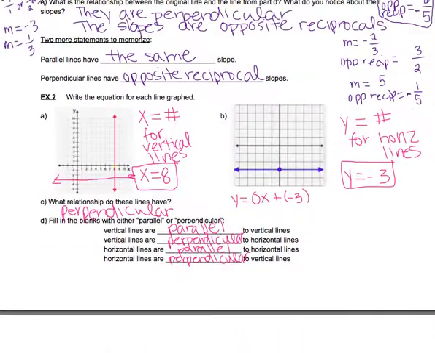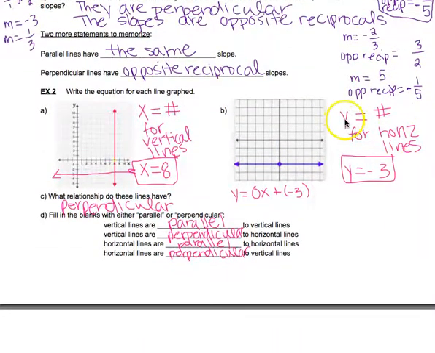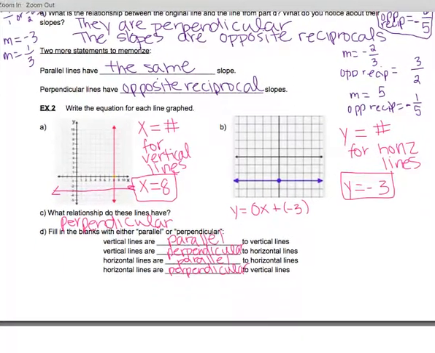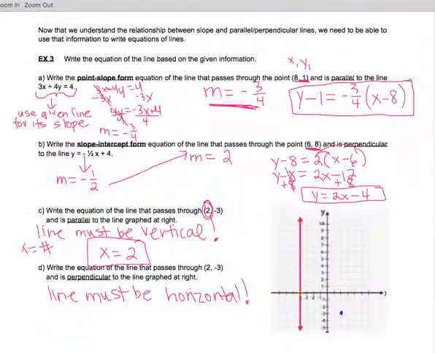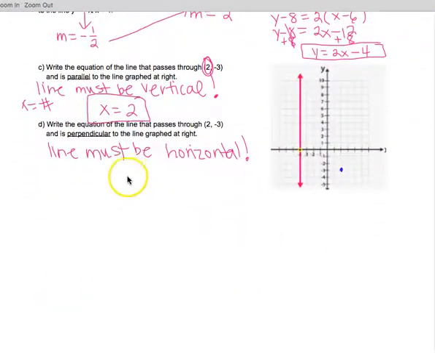And look at the way we write horizontal lines. Y equals a number. So what you need to do next, and last thing to do, is to figure out y equals what. What equation should we be writing for this last one? It goes through this point, 2, -3, and it needs to be a horizontal line.